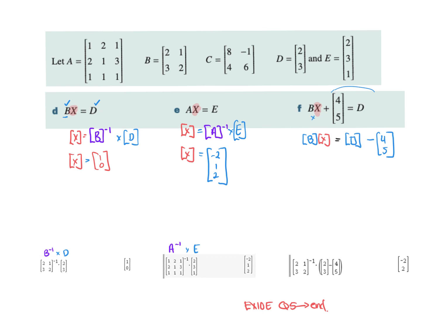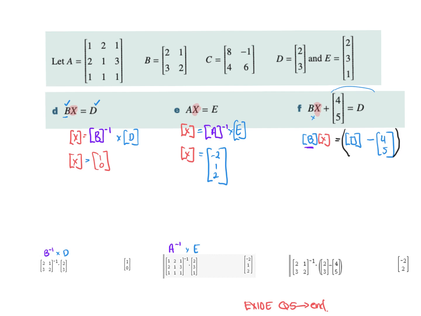Then the next thing, I want to keep on moving and move this B. This B is multiplying, so if I move it to the other side, I multiply by the inverse. Will it be at the front or the end? It's at the front.